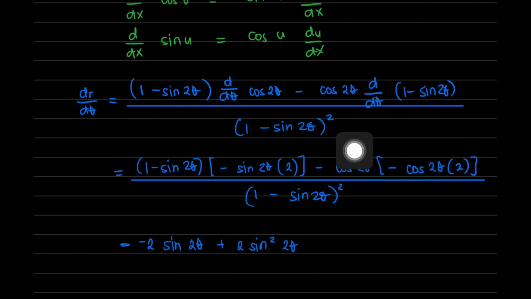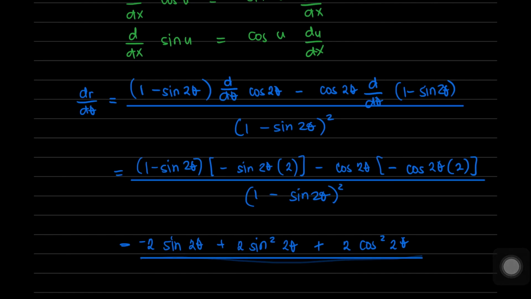And in here, we have plus 2 cosine squared 2 theta. So if we multiply this one with this, that will give us positive 2 cosine squared 2 theta, all over 1 minus sine 2 theta quantity squared.